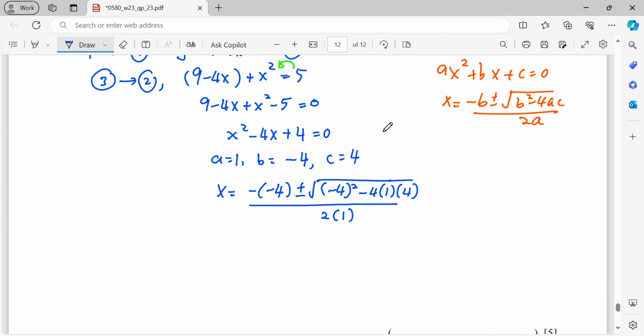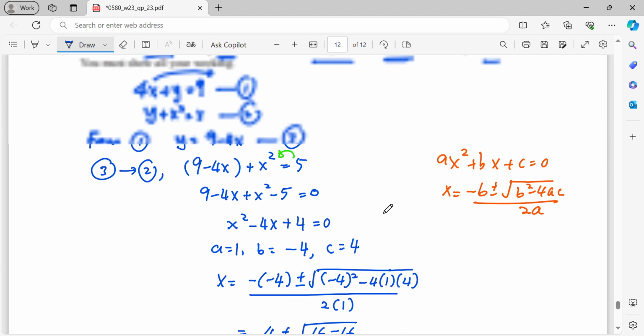Right, so from here you will get 4 plus or minus square root of 16 minus 4 times 4, which is still square root of 16, over 2. Then at last you get 4 divided by 2, which is just 2.